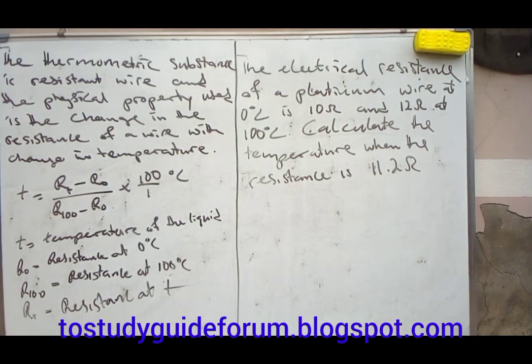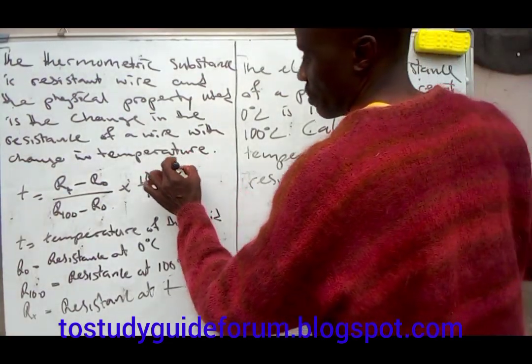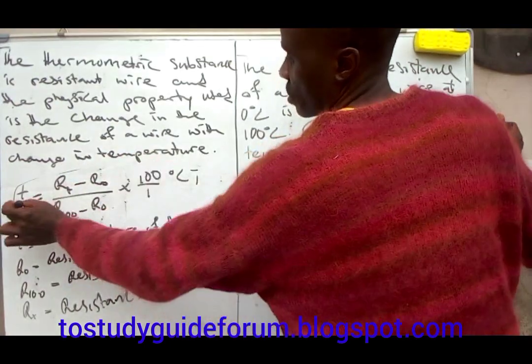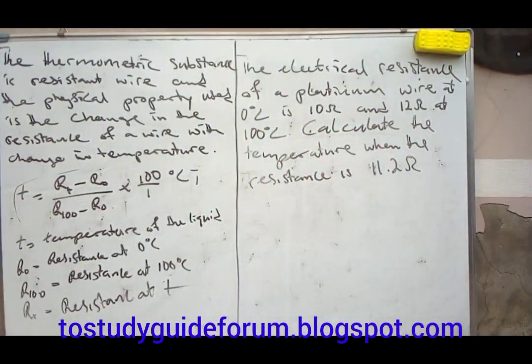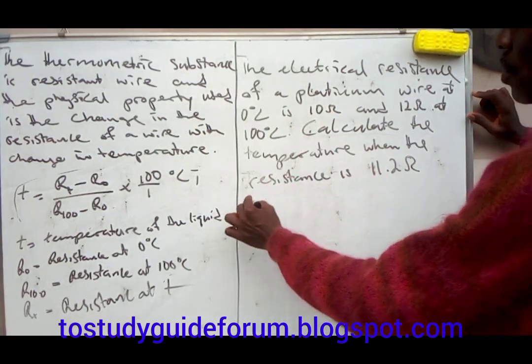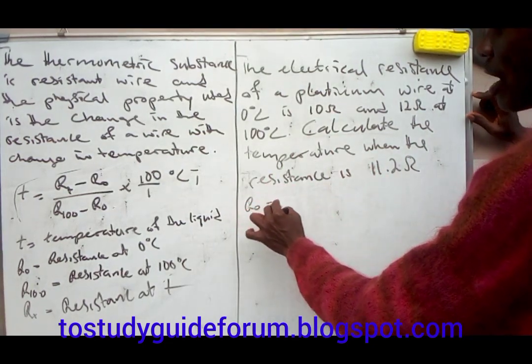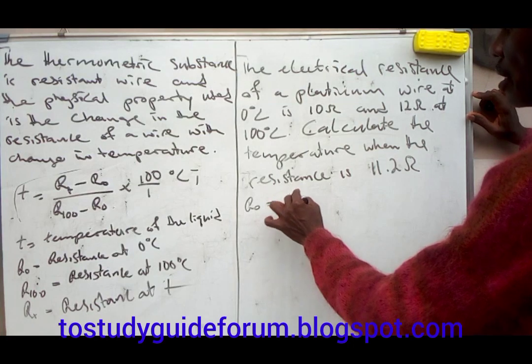To do this, we need our relationship here. The resistance at 0 degrees Celsius, R_0, is 10 ohms.